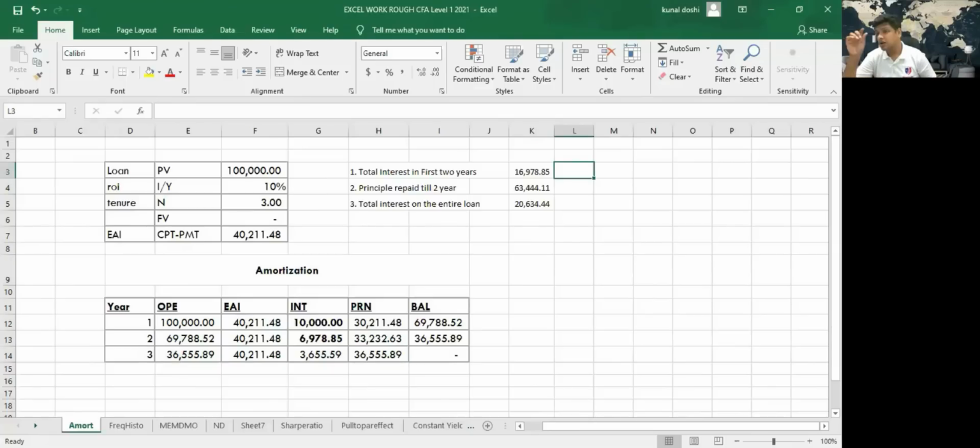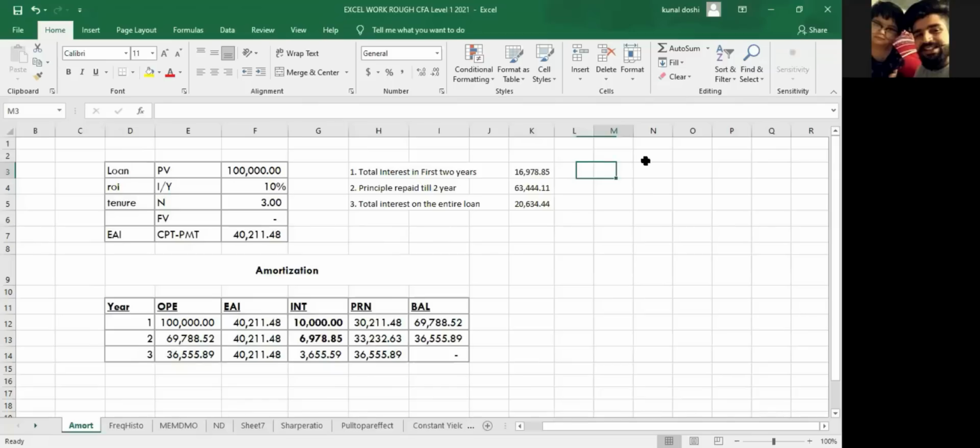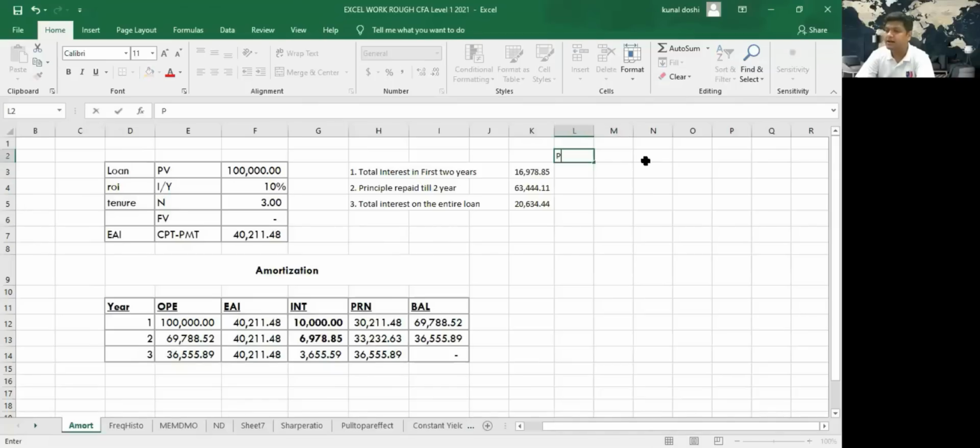Just behind PV, it is written AMORT, amortization. Are you getting it? When you press second PV, what do you get? P1. Now, P1 means 0.1, which can be year. If this is year, this is year 1.